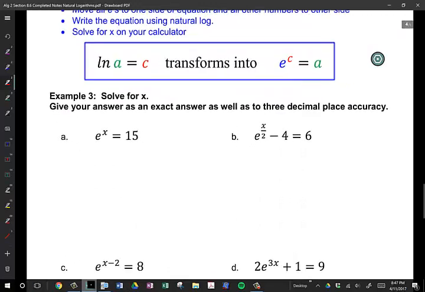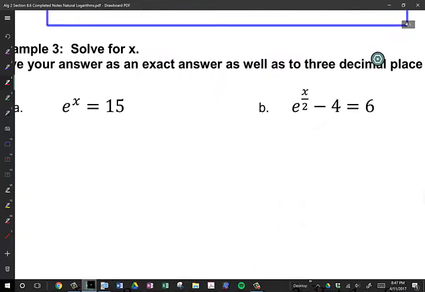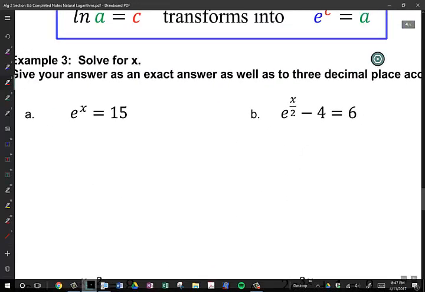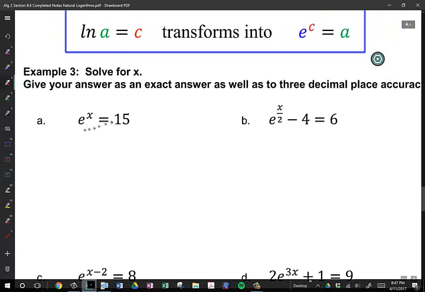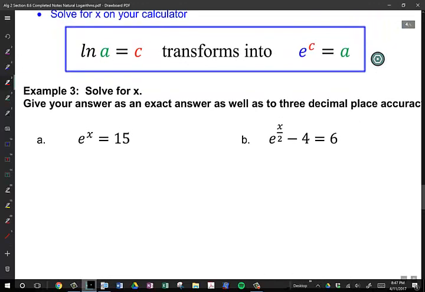So here's our first one. We started off very straightforward: e to the x equals 15. Well, if you think about that, x is going to be the natural log of 15. Try to stay in blue here for our exact answers. The natural log of 15, therefore, equals x, because e to the x equals 15.